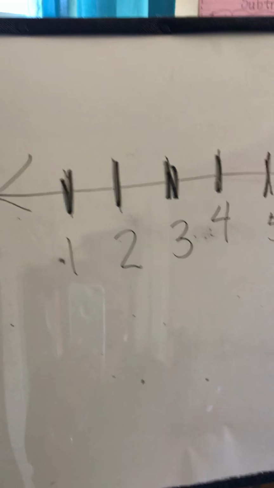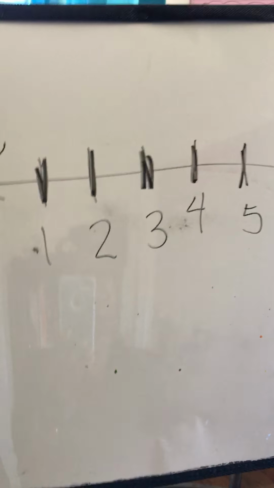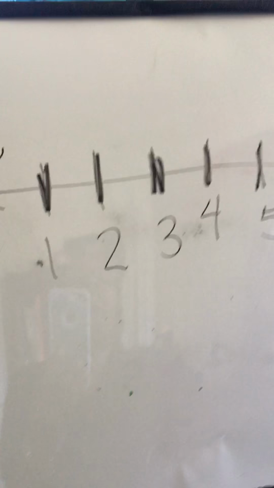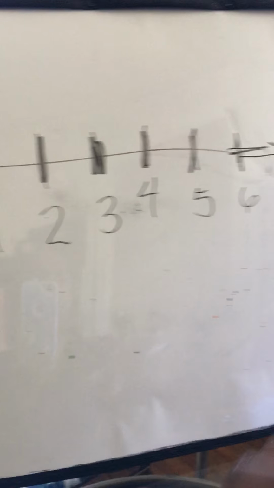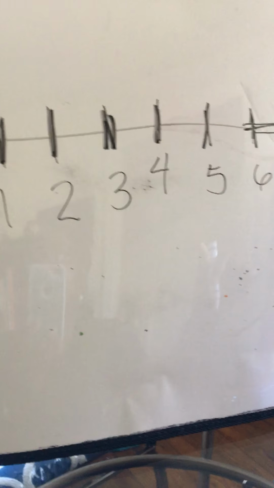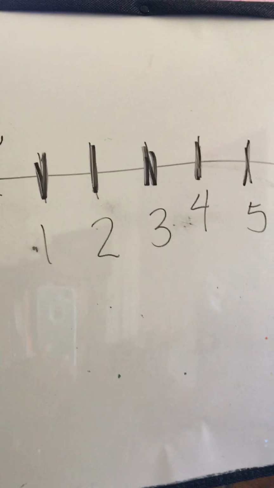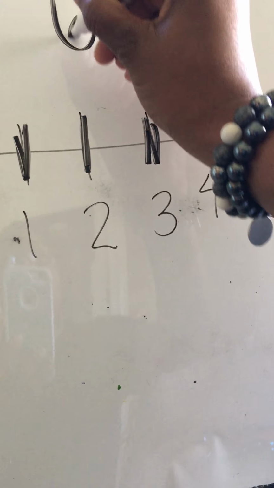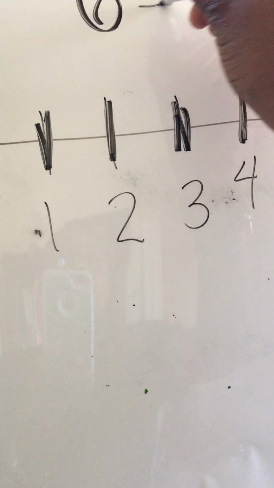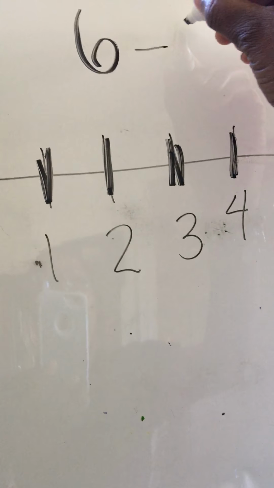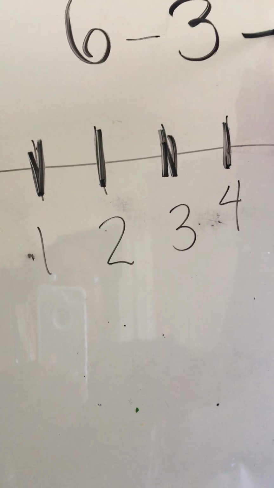So we're going to use a different subtraction sentence. If I'm using this number line, the furthest I can go is 6 because I don't have any other numbers greater than 6. So I'm going to start with 6 minus 3.